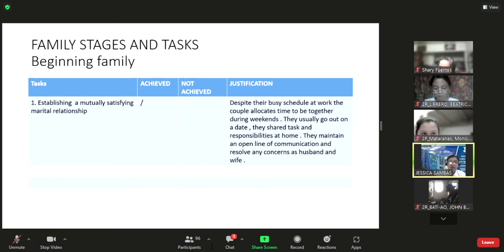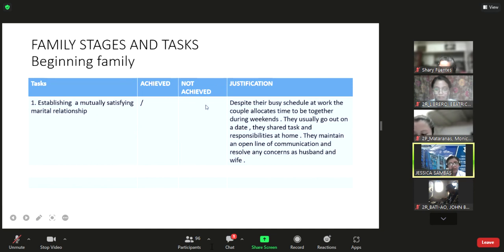This is the format of your entry. It's also in a table. For beginning family, you write down the task: task number 1, number 2, number 3, number 4. And then there are two options: achieved, not achieved. If achieved, check achieved.